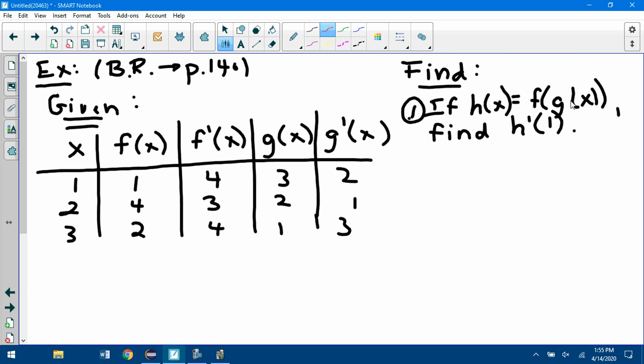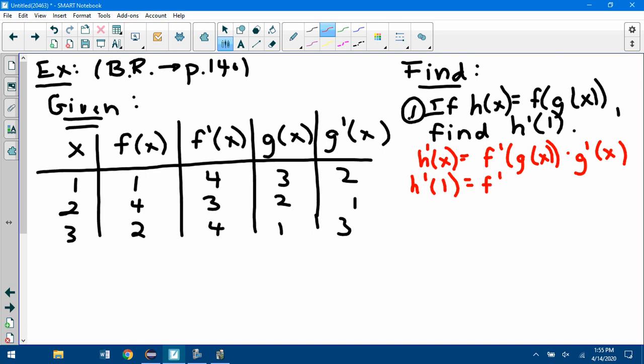It's chain rule. So first off, you should think, okay, h prime of x is f prime of stuff times the derivative of stuff. Now, if I specifically want h prime of 1, that would be f prime of g of 1 times g prime of 1.